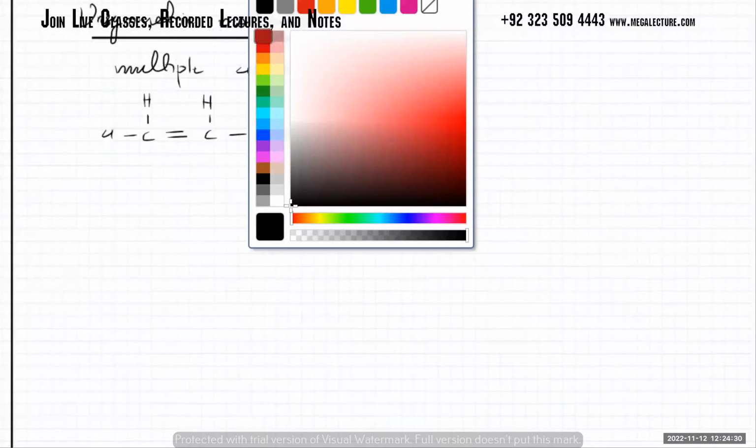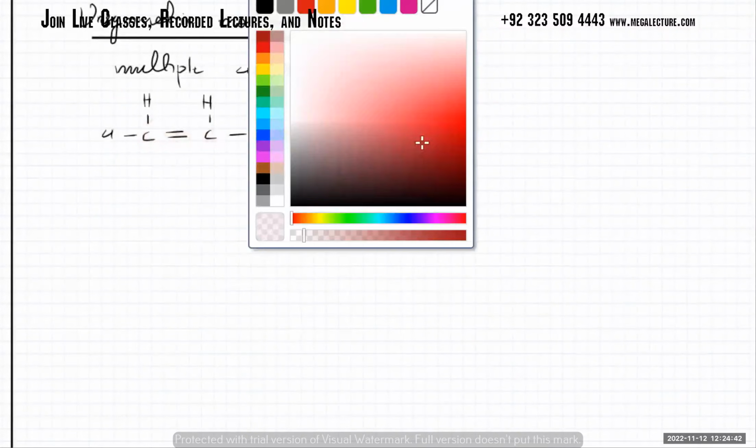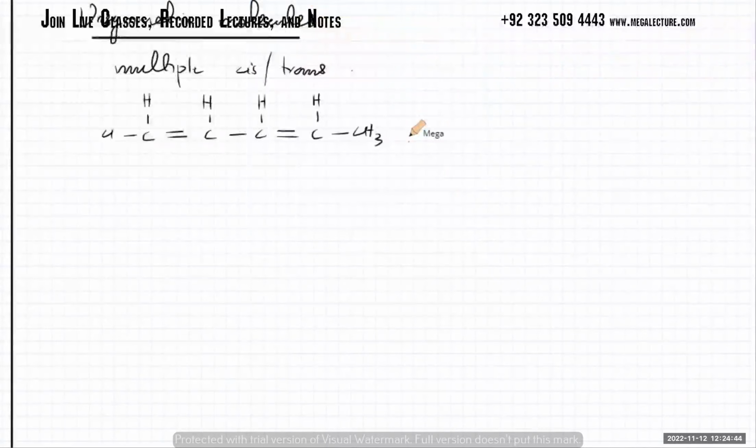So focus on this double bond, the very first one. Both sides are different. H and Cl over here, there's H, and this entire thing, both sides are different.